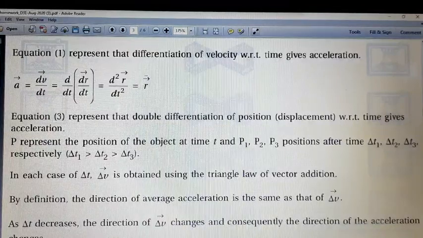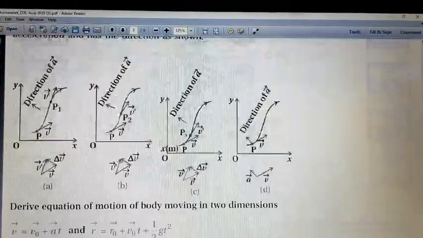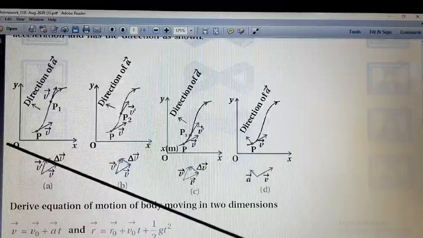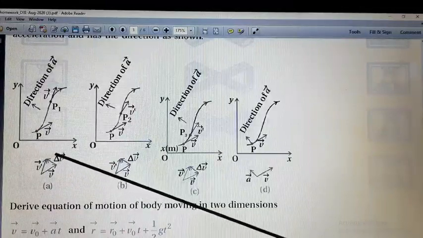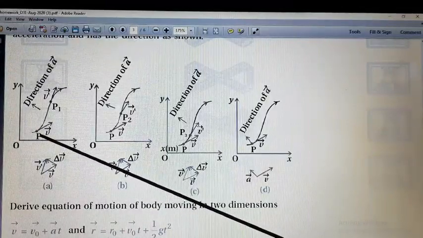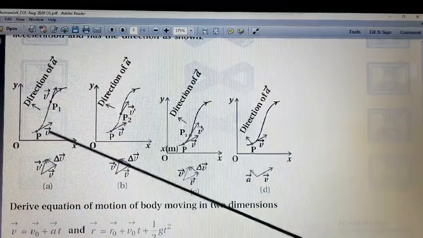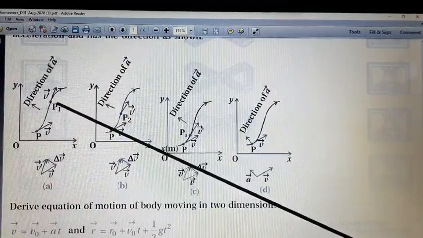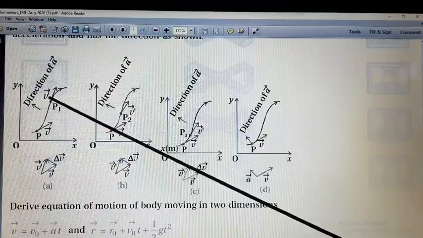Now look at this graph. In the first graph, this is point P, here velocity is V, and at point P1 its velocity is V dash.